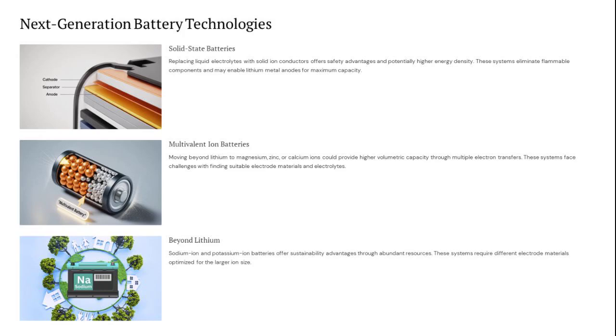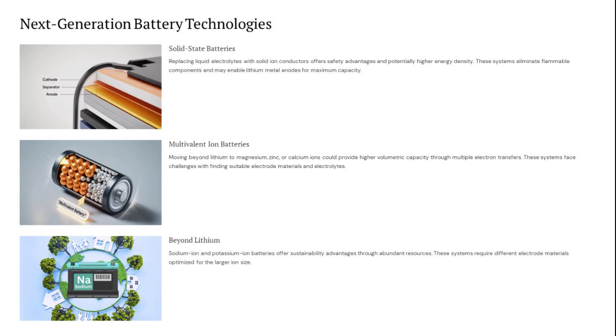Future directions and challenges. As we look to the future of battery materials, several promising directions and persistent challenges warrant attention. Next-generation battery technologies. Solid-state batteries hold the promise of providing energy storage with high volumetric and gravimetric energy densities at high power densities, with far fewer safety issues compared to conventional batteries.